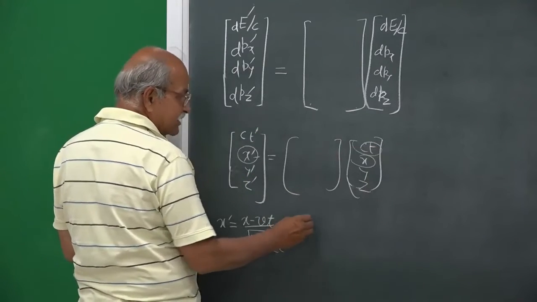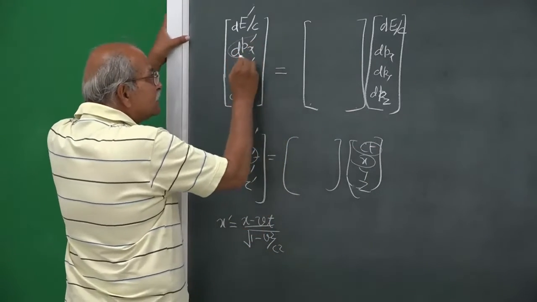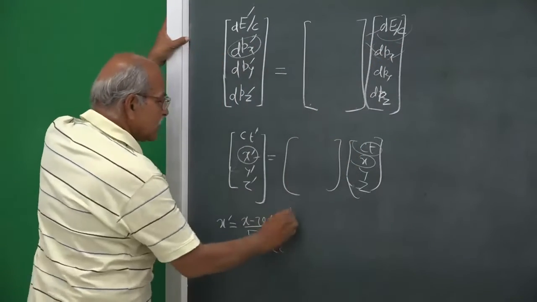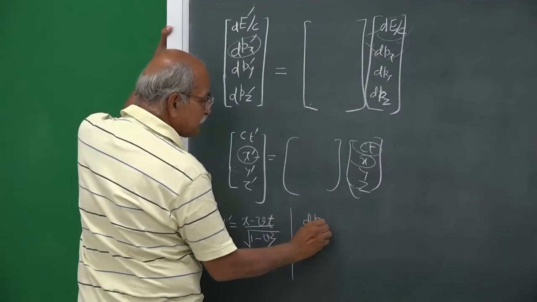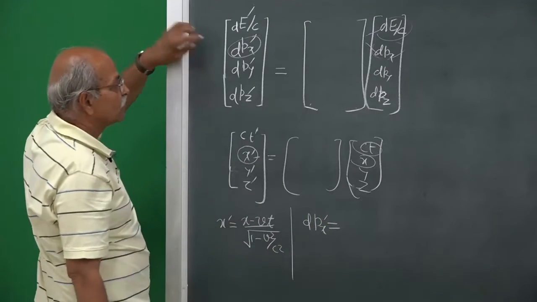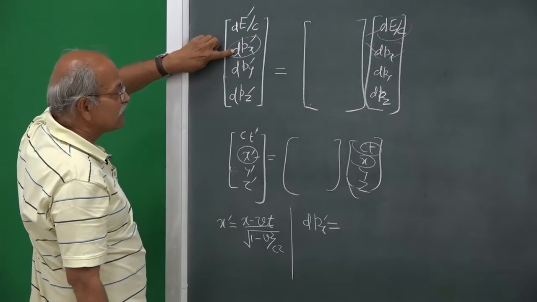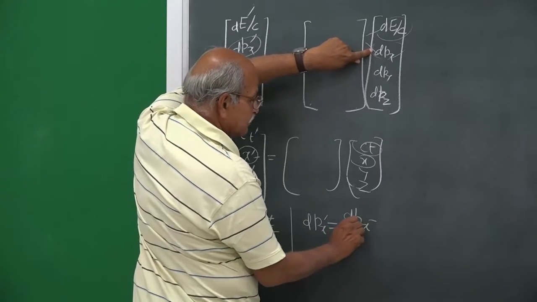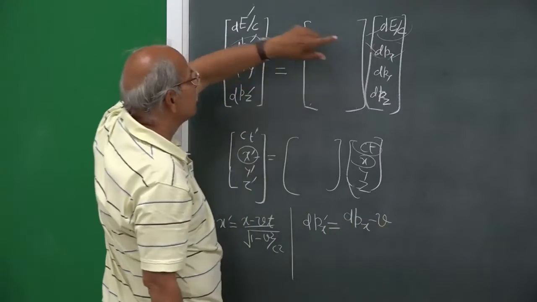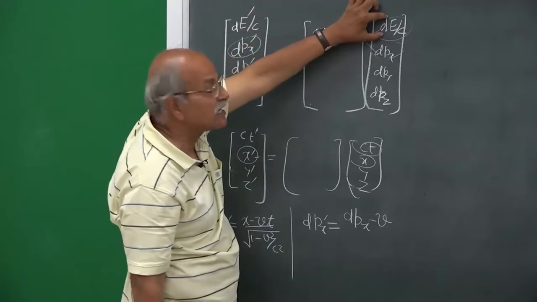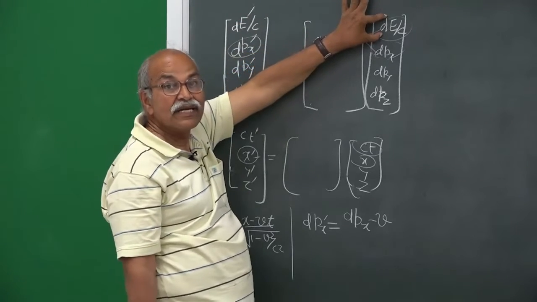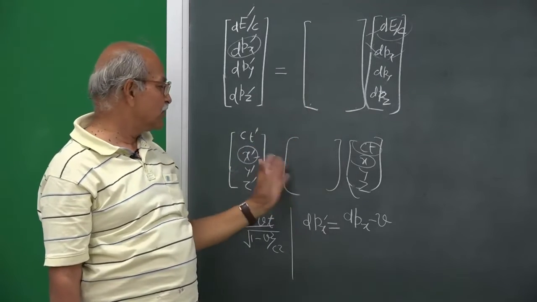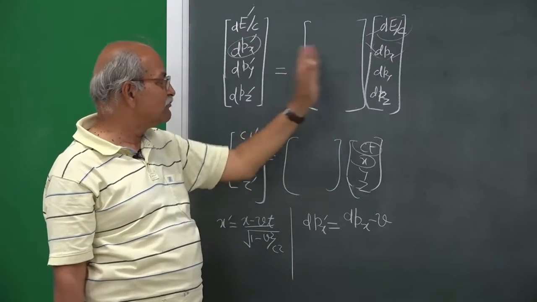In the same way, dpx will be related to these two, and dpx prime will equal dpx minus v times the first one, this one, divided by c, divided by the same square root factor. Since it is the same matrix, whatever is the form here, that will be the form here.